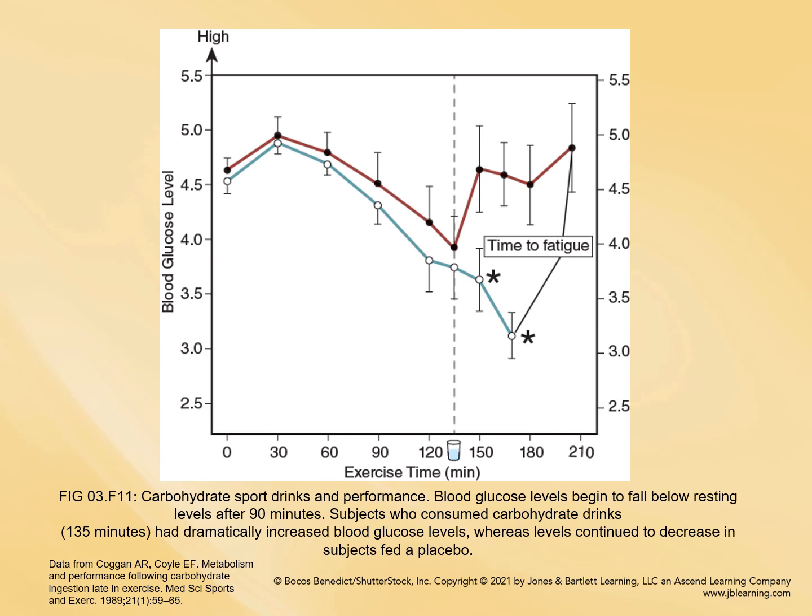And you can notice also that the individual could maintain exercise for 210 minutes, where the person who simply drank water, at the 2-hour point, the blood glucose significantly dropped, and that's what those stars are, and they fatigued much earlier. So a carbohydrate beverage has the ability to maintain that blood glucose and delay fatigue.